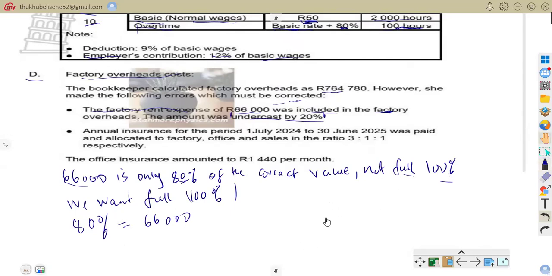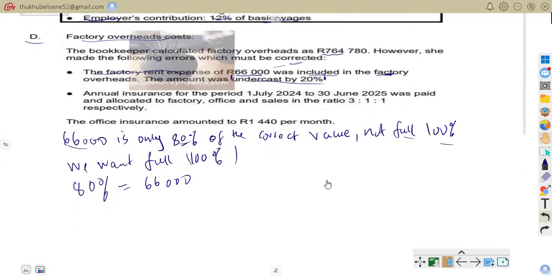The logic says if 80% is equal to 66,000, then 100% is equal to how much?